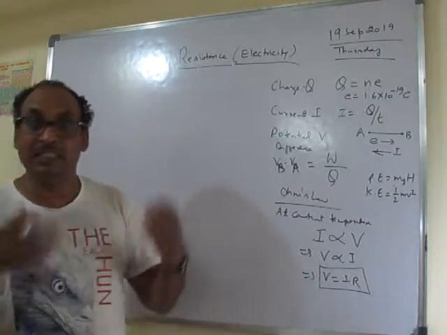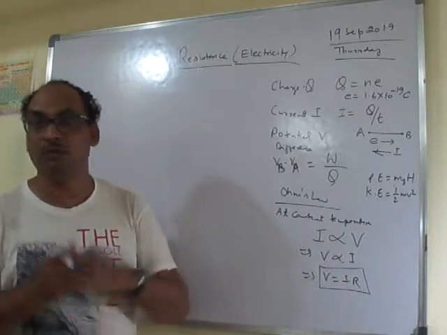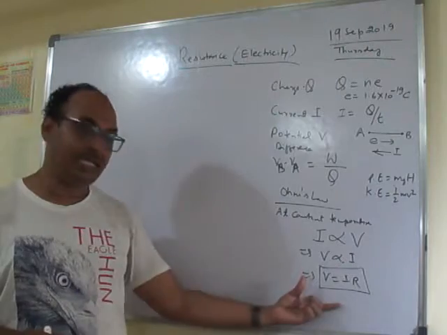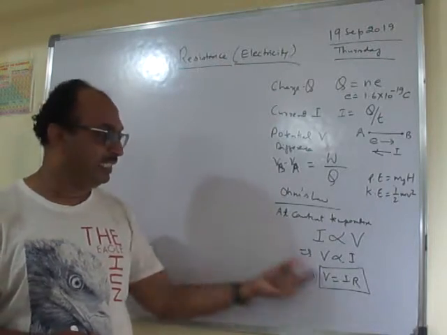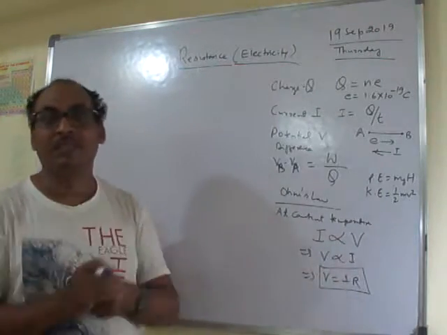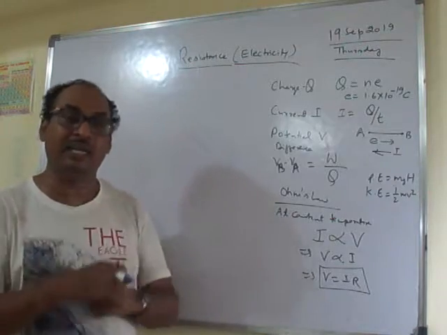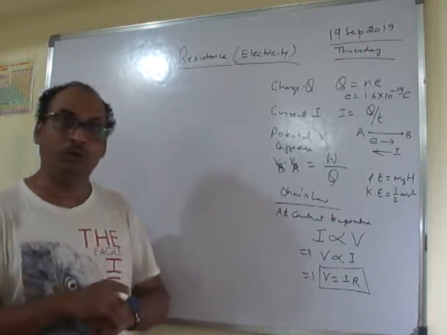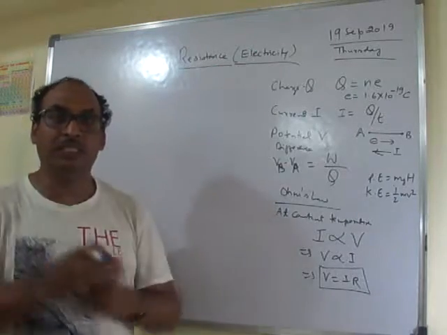An insulator doesn't allow current to flow easily. Similarly, resistance is the opposition which does not allow the electrons, the current, to flow easily. So it offers opposition.